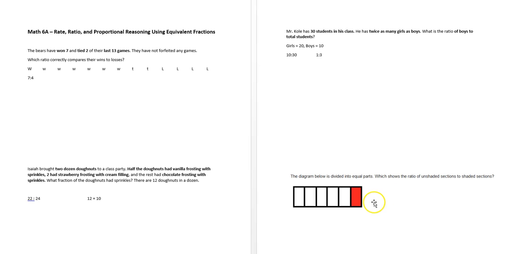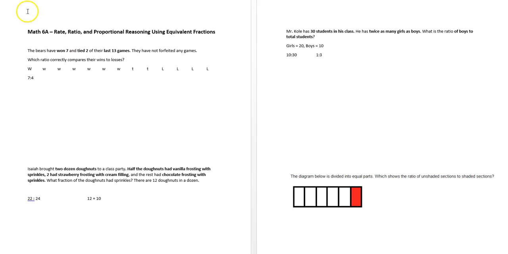Finally, let's look at this bottom question here. Here we have a diagram, and it shows a rectangle that's divided into equal parts. There are 1, 2, 3, 4, 5, 6 parts. What they want us to find is the ratio of unshaded sections to shaded sections. So let's highlight that. We're finding the ratio of unshaded sections to shaded sections.